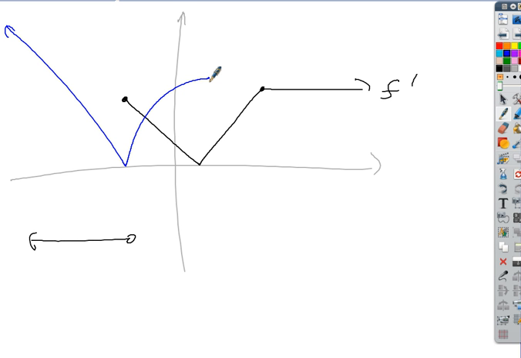Now look at these tangent lines. They're starting off pretty steep, and the values of the slopes of those tangent lines are getting less and less positive, down to 0, right? And then at 0, it's going to turn around and do something like this. No, because the slope is changing linearly.